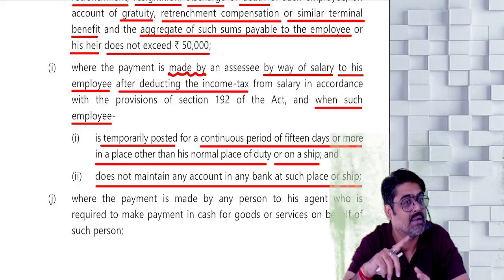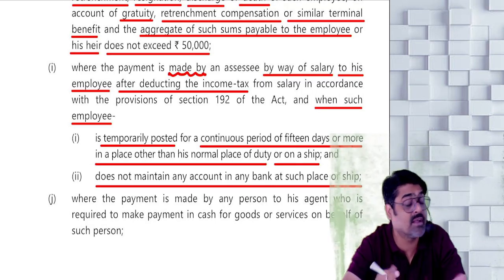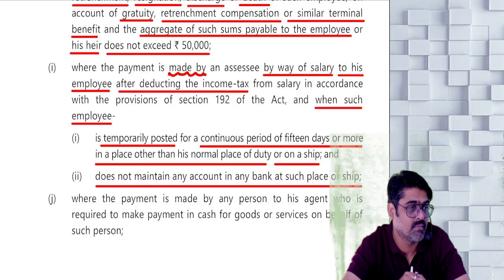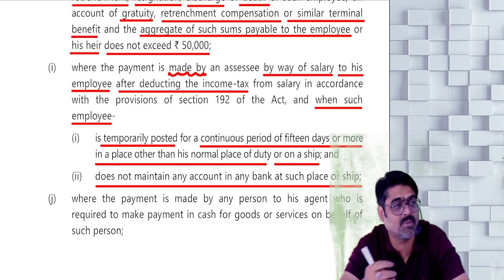And in that place or on the ship, the employee does not have any bank account, then definitely I'll have to make the payment by modes other than prescribed modes. I cannot make the payment through account by check.